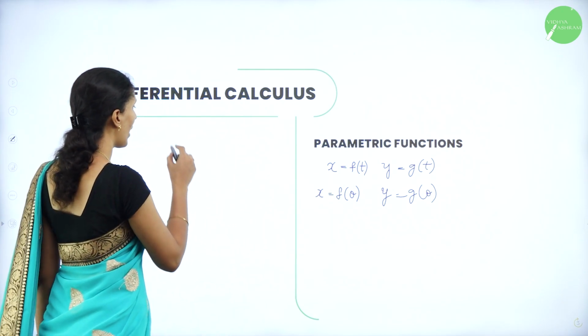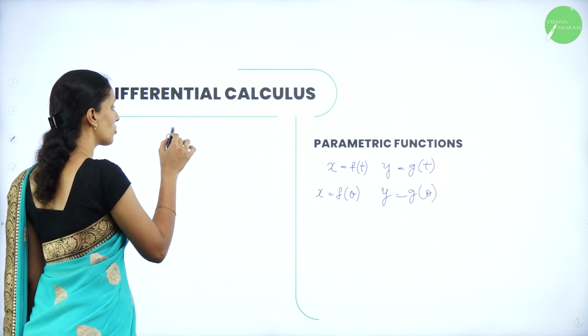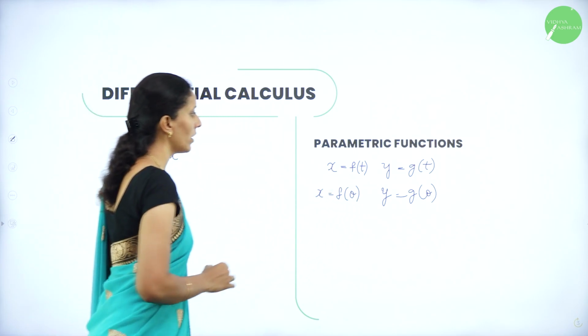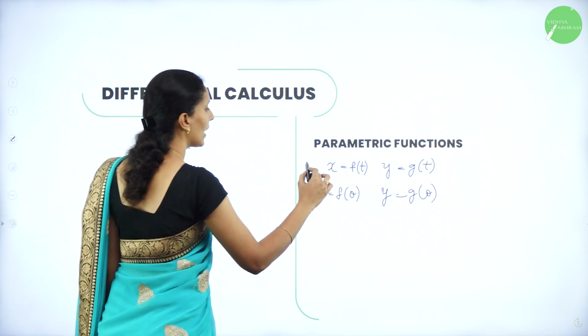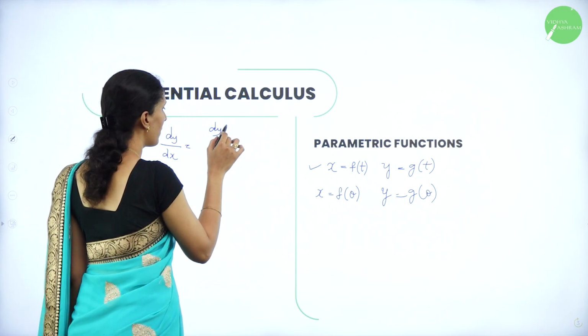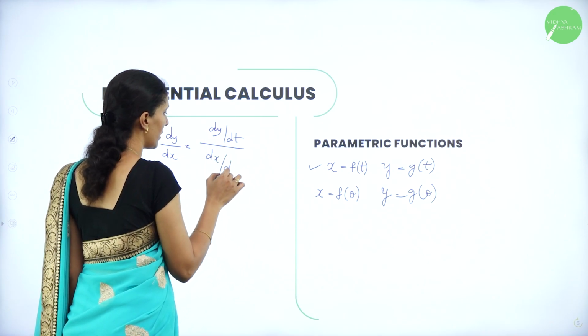Then how will we write dy by dx, that is how to find the differentiation of y with respect to x? If we take t as a parameter, then we write it as dy by dt divided by dx by dt.